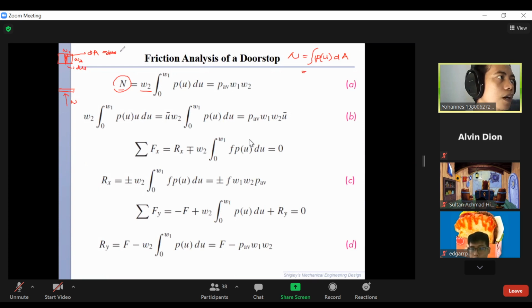So here you will have du. Then the normal force is, we can exclude the width of the brake pad from the integral. Then you evaluate the integral from 0 to the maximum. So that's how this integral applies on this free body diagram.